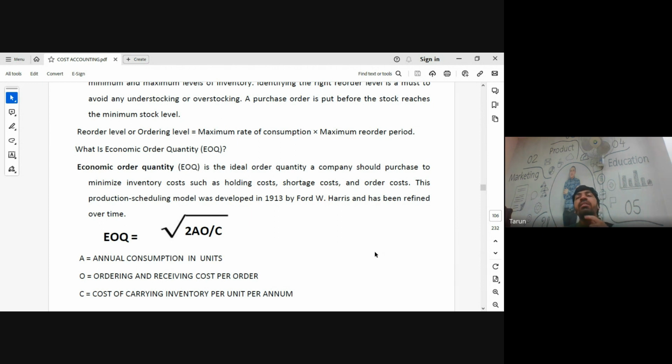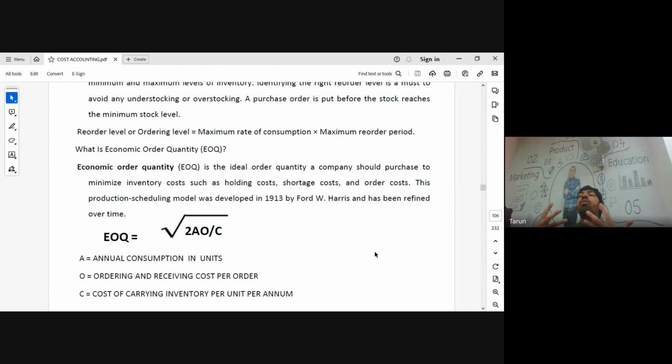So, who developed this concept? It was developed by Ford W. Harris in 1913, and has been refined since.